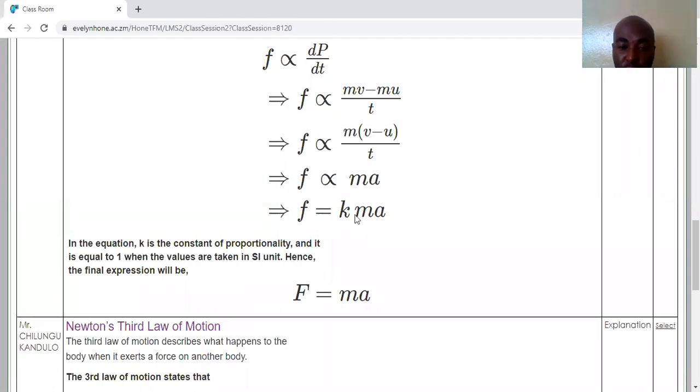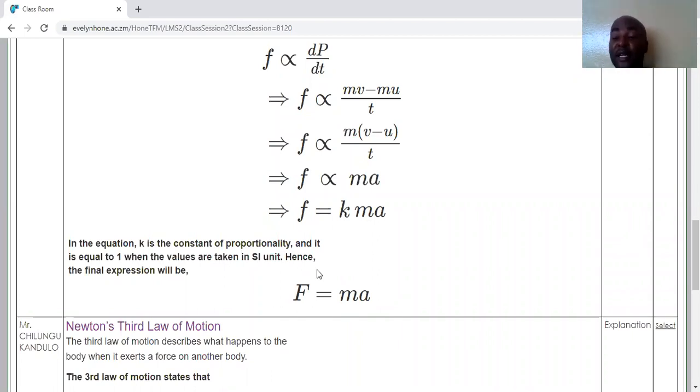So if these were 1, 1, 1, then K is equal to 1. So the expression is that F net is equal to ma when you are using SI units. That's why the unit of force, instead of just being Newton, can even be kg meters per second squared.